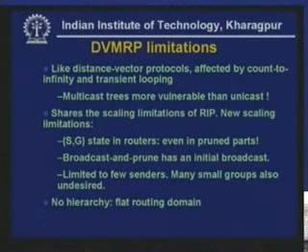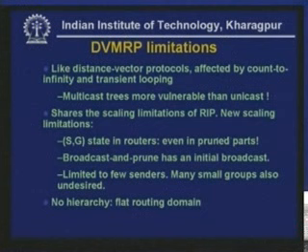Since we are using the same distance vector routing, that is there. Transient looping means sometimes a routing loop may form, and the packet goes round and round.